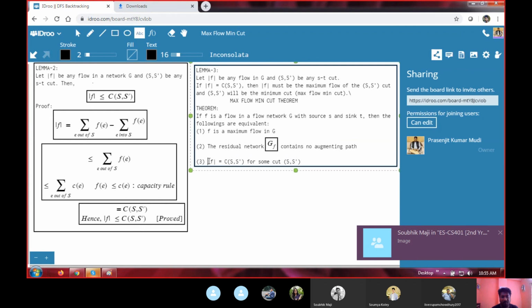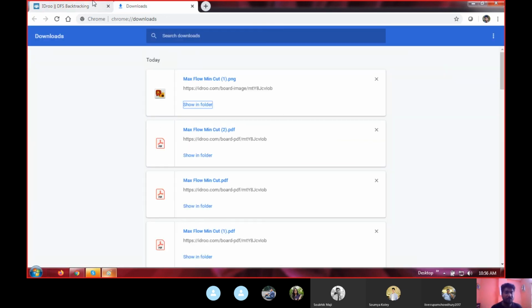Or we can say that the flow is equal to C of S comma S prime for some cut S comma S prime. This is a very, very important theorem, the max flow min cut theorem. We will apply this theorem to solve some examples and problems. I will give you some quiz and one illustration through which you can understand the theorem better. With this we can wrap up the session. If you have any question, please ask me.